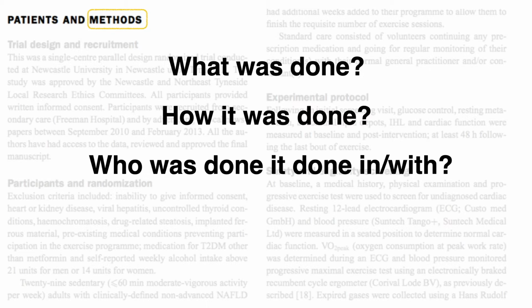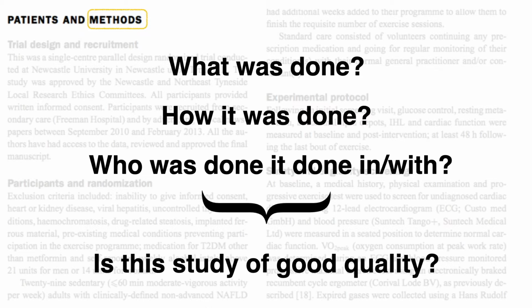This means that this section lets you decide whether the study is likely to be any good or of relevance and of use. Beyond that, what the methods section does or even should tell you depends on the type of study you're reading. For now, be aware that it's the methods section that will tell you about the population the study focused on, assuming again the research was done in human participants.